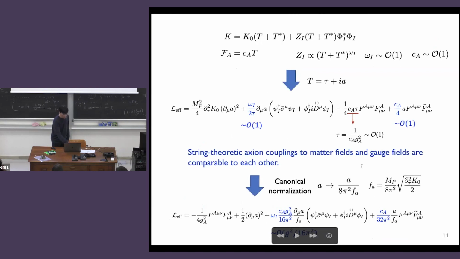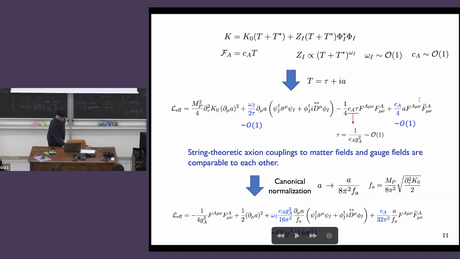And we can write down this superfield Lagrangian in terms of component fields. Then this K0 term will give rise to the axion kinetic term. And this term will give rise to the axion derivative couplings to the matter fields. And the real part of the gauge kinetic function gives rise to the kinetic term for the gauge field, and the imaginary part gives rise to the axion couplings to the F F-dual term.